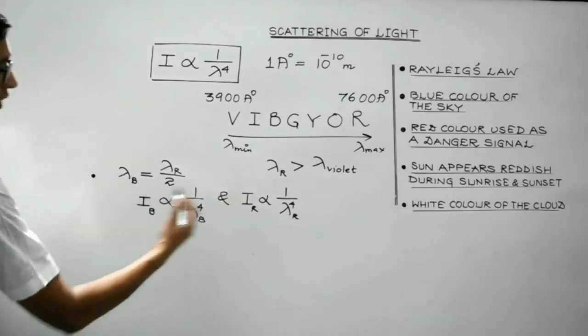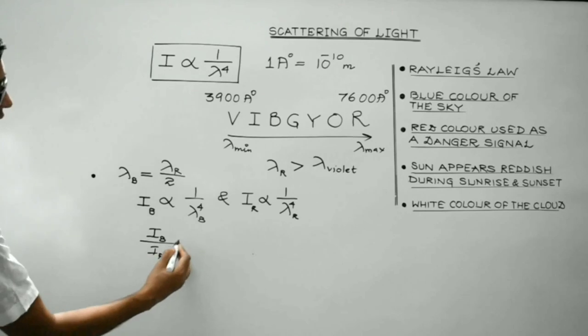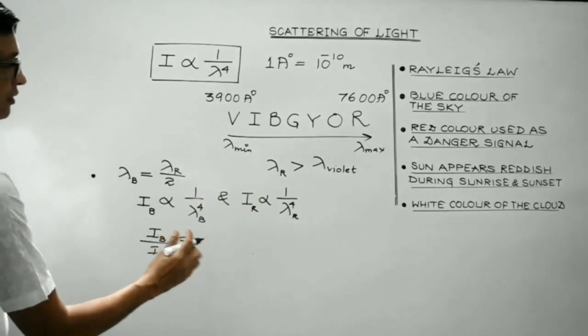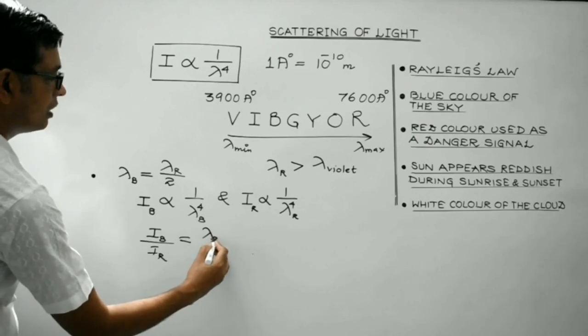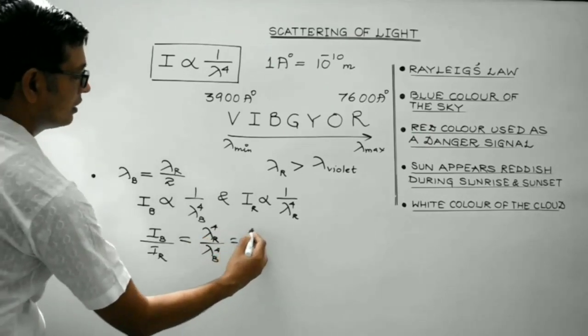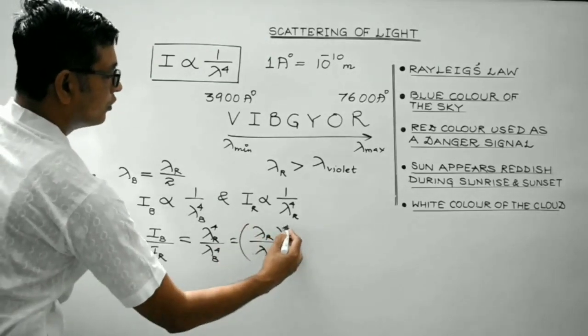Right? If you divide these two, what you get is I_B divided by I_R. The proportional sign will get eliminated. So what is left is lambda_R^4 divided by lambda_B^4, that is, (lambda_R divided by lambda_B) to the power 4.